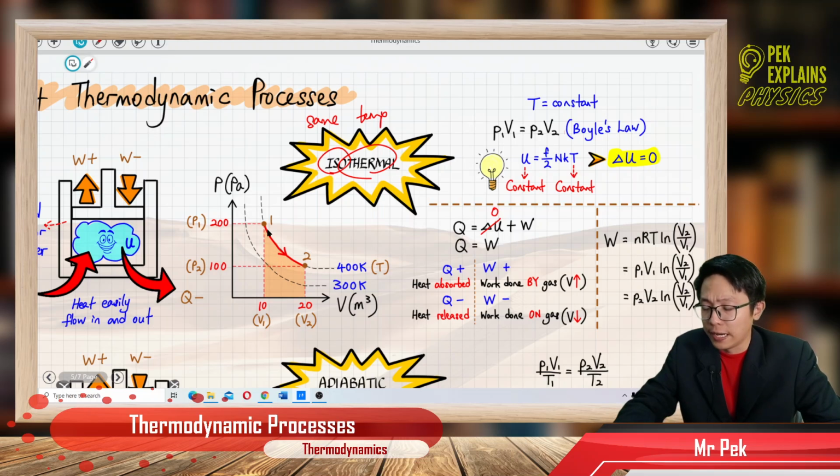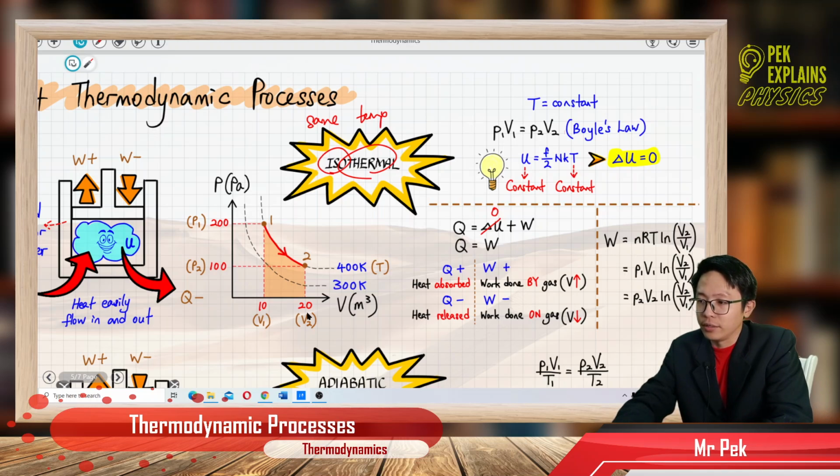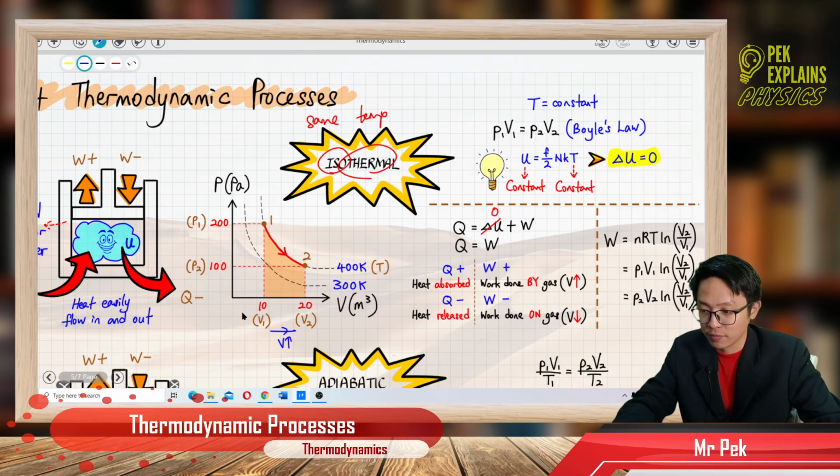You see that? From point 1 going to point 2, what happened? This is called expansion. Going to the right is expansion. Volume 1 going to volume 2, the volume increases. But what happened to the pressure?